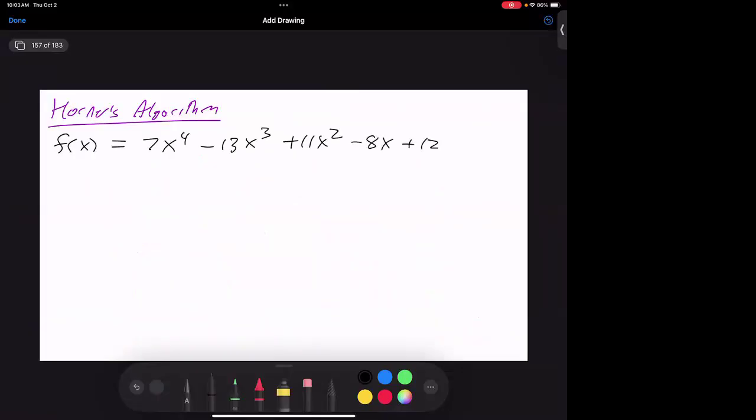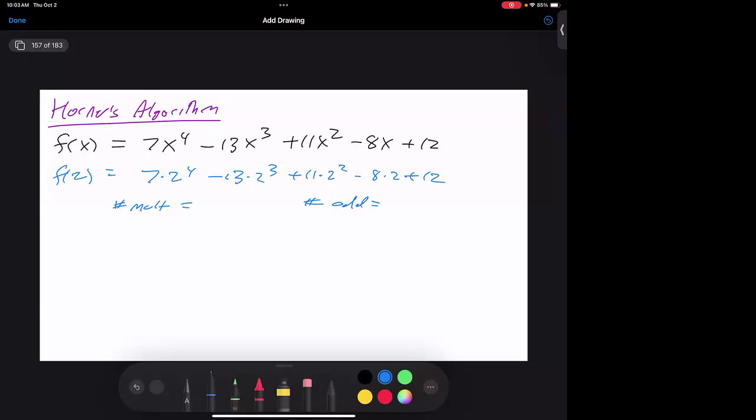If I wanted to evaluate this polynomial at 2, is this a hard problem? So how many multiplications does it cost to evaluate this?